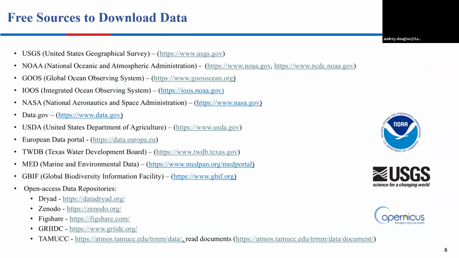When you start a project, you may want to use two different types of data, like primary data sets and secondary data sets. A primary data set is data that you collect yourself or as a team. But secondary data sets are those you download from websites, like some images, satellite images, radar images, or other types of data sets you want.